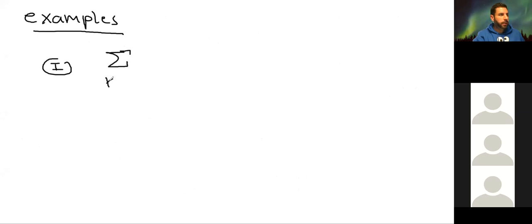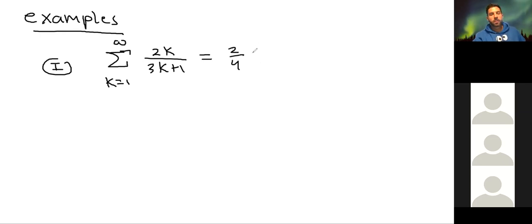The series k goes from 1 to infinity of, say, 2k divided by 3k plus 1. This series, which is 2/4 when k is 1, plus when k is 2, you get 4/7. When k is 3, you get 6/10. This series diverges.